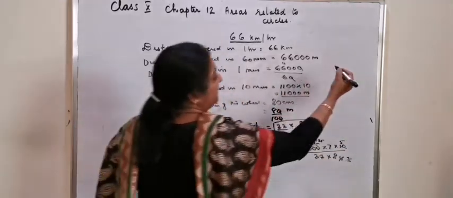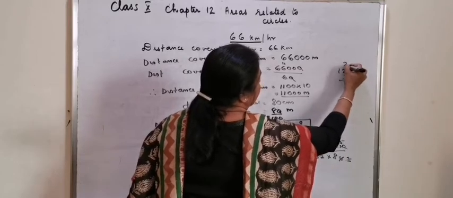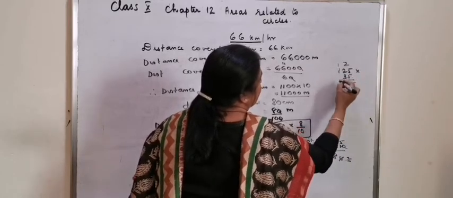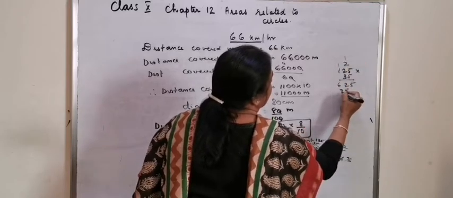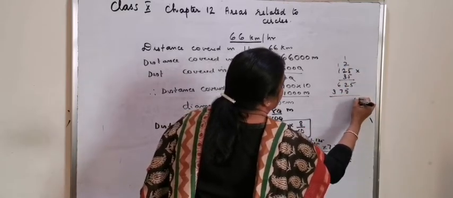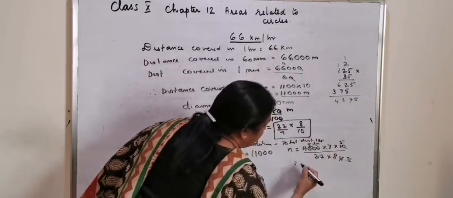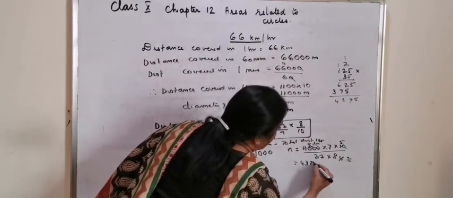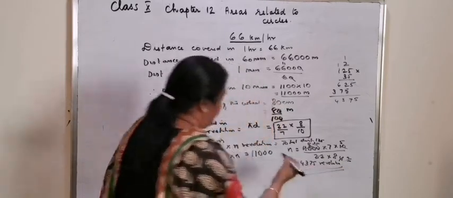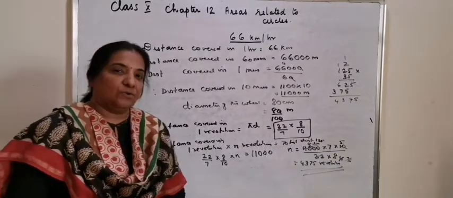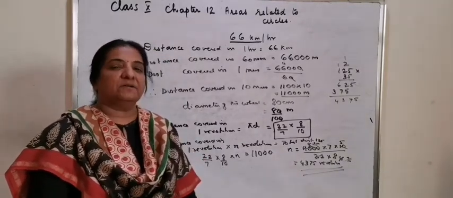So 125 into 35, that is the same as 4,375 revolutions. This is how you will work out this problem, and it's a very important 3-mark question.